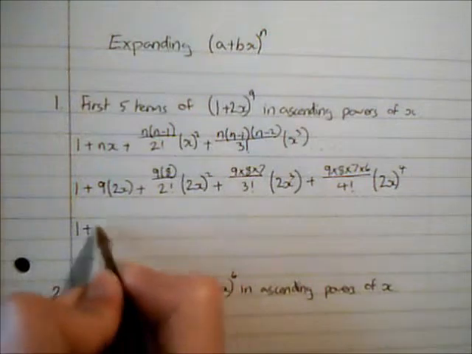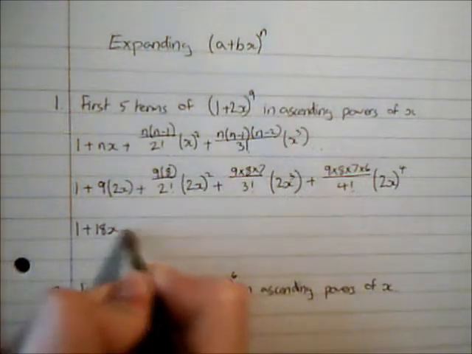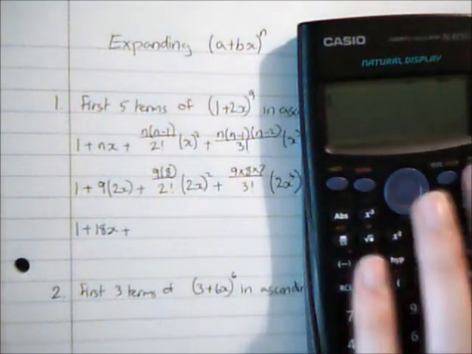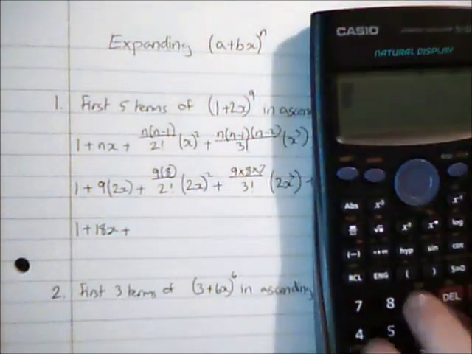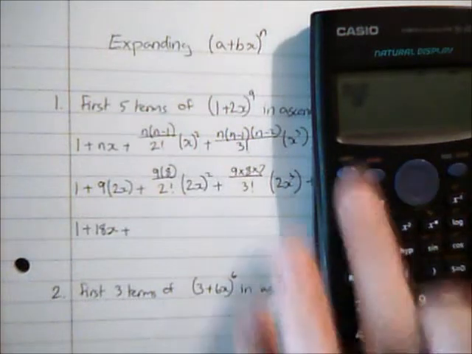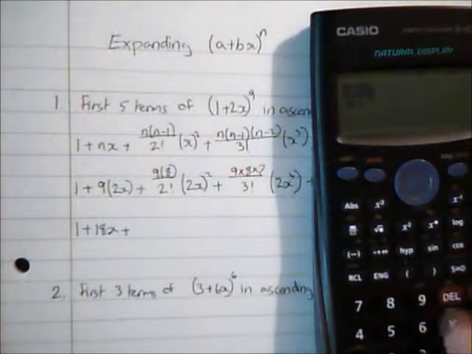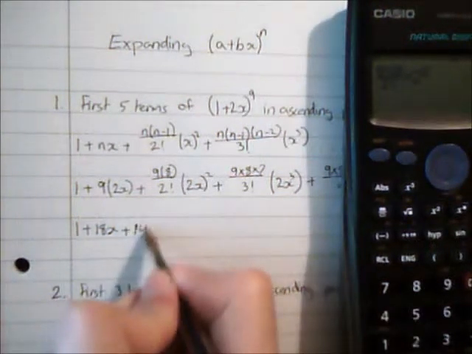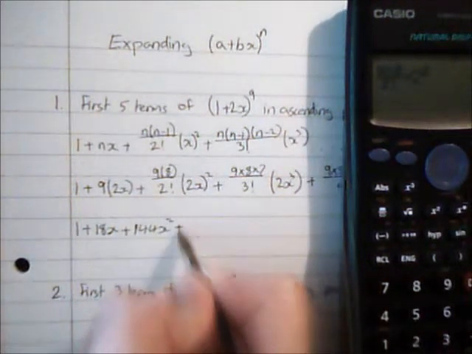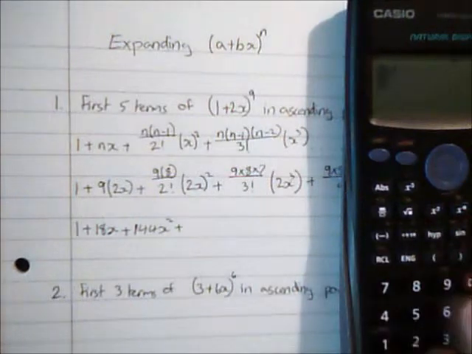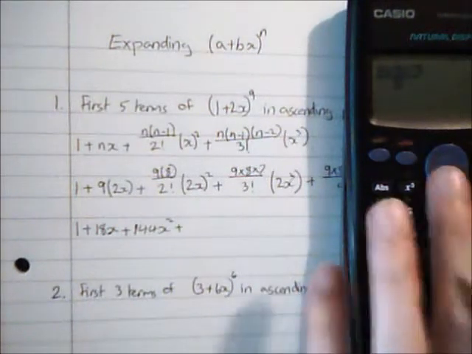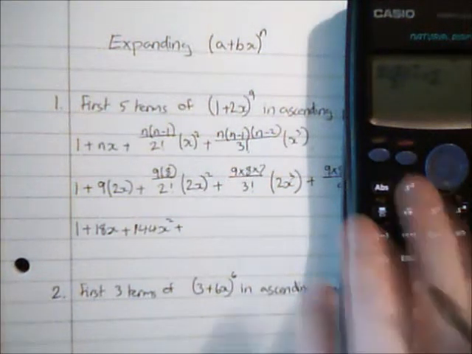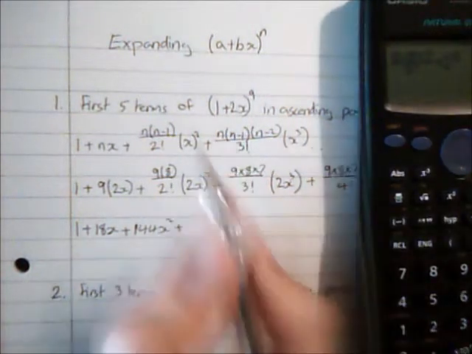So 9 times 2x is 18x, and from here on I'm just going to be safe and use the calculator. So 9 multiplied by 8 over 2 factorial multiplied by 2 squared, it's 144. And the next term, 9 times 8 times 7 over 3 factorial times 2 cubed, 672.